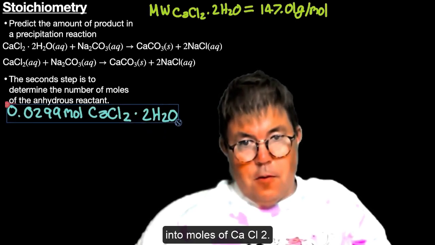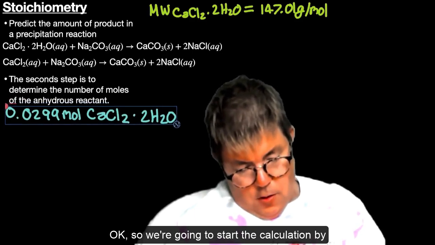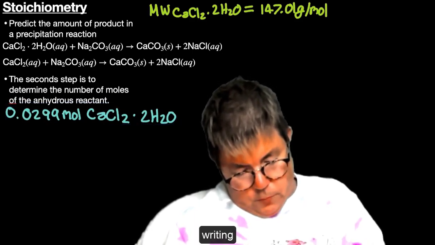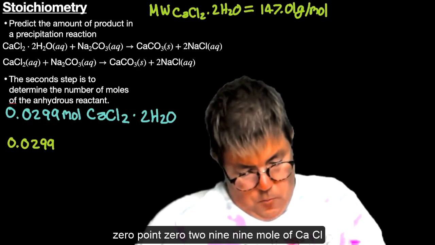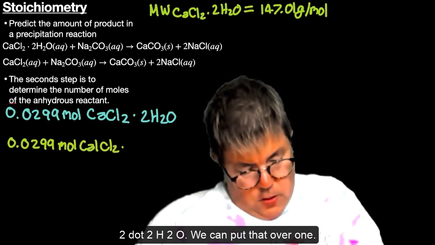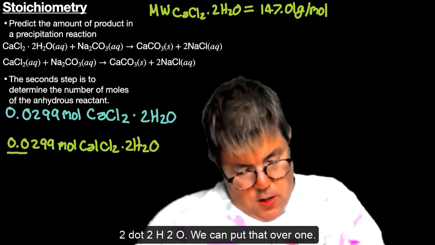Okay, so we're going to start the calculation by writing 0.0299 mole of CaCl2.2H2O. We can put that over 1.